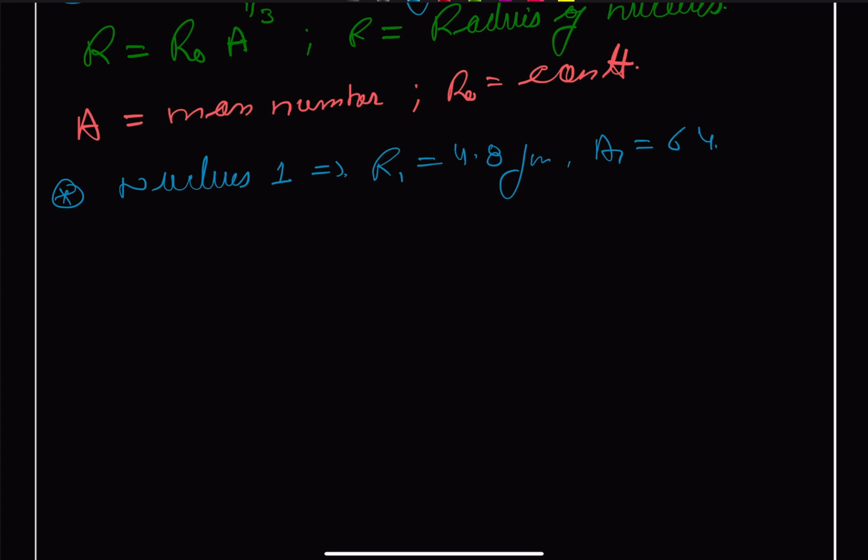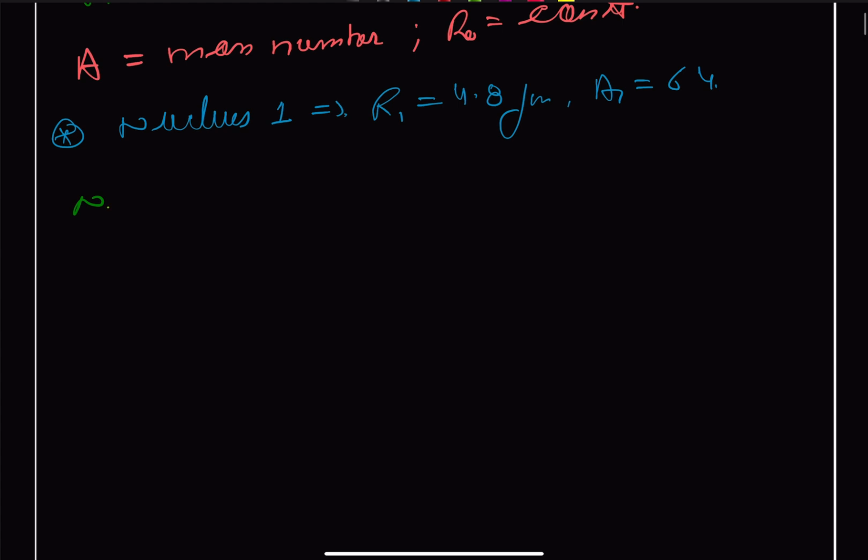Then we have nucleus 2, with radius r2, given as 4 Fermi, and A2 we are supposed to find out.